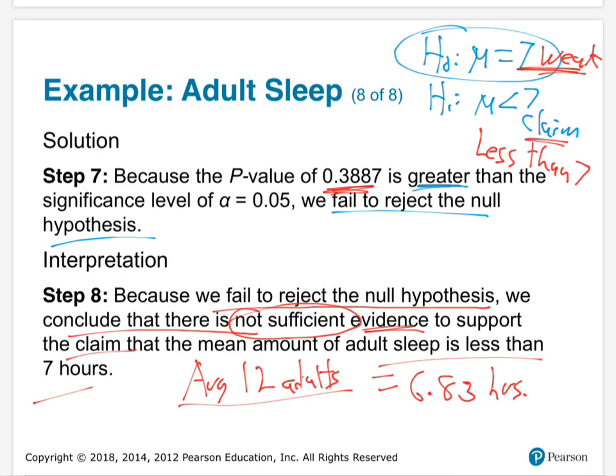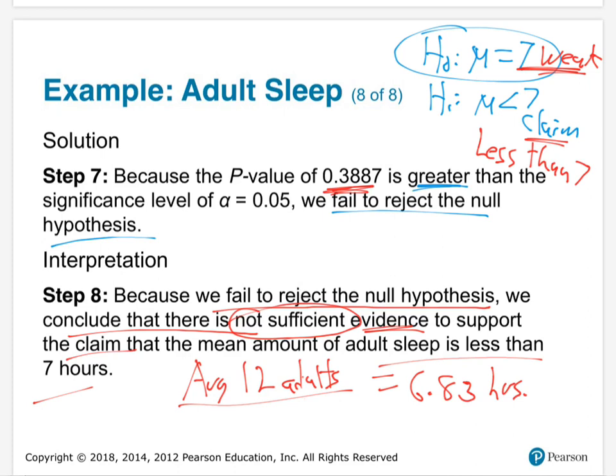Right, part of it. But 12 people could have been enough if we would have gotten a number super far from 7. So it's not just that they weren't enough people. That's part of it. But it's also that there weren't many people and it came out pretty close to 7. You know what I mean? So if you're only doing 12 people and it comes out pretty close to 7, that could easily have just been a lucky draw and really the average is over 7.